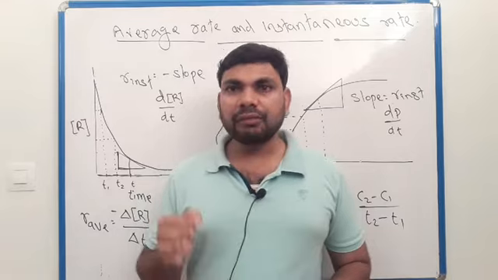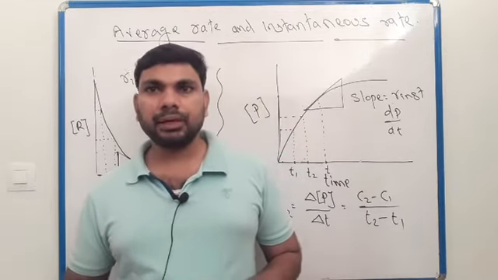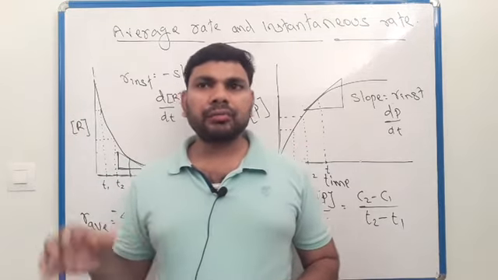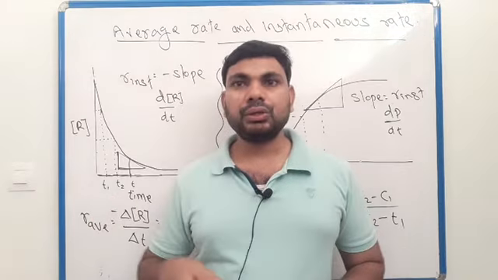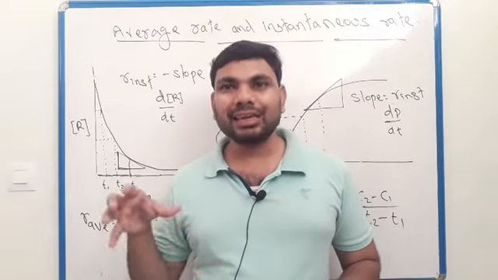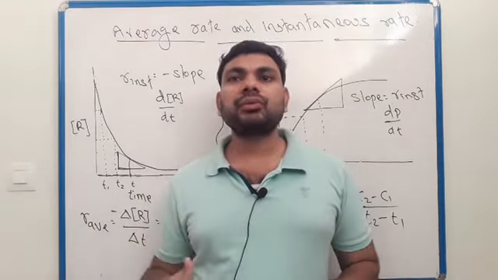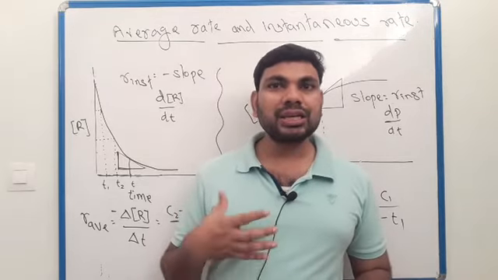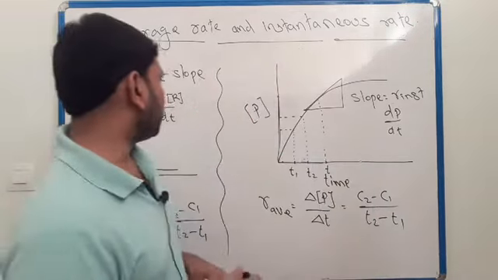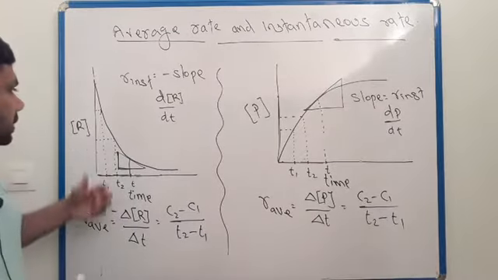Average rate of a chemical reaction means the rate of the chemical reaction during a particular time interval. Look at this graph.